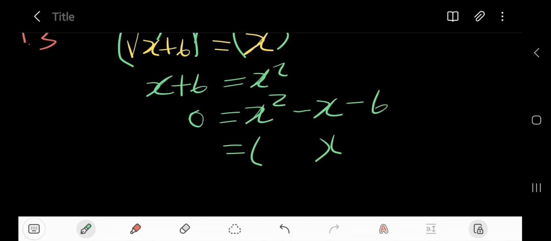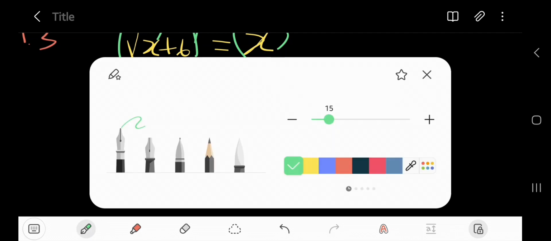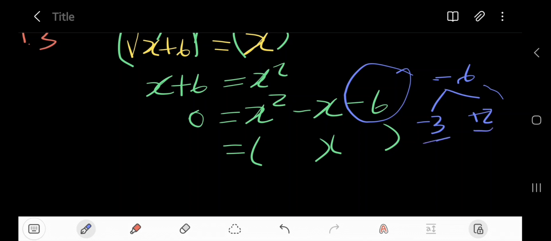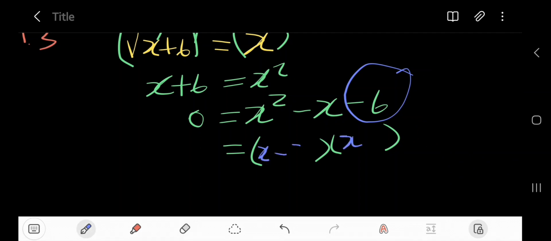Now let's find the factors. We need to find the factors of the last term that give us the middle term. So for negative 6, we need factors that give us negative 1. We have negative 3 multiplied by positive 2, which gives us negative 6, and minus 3 plus 2 is indeed minus 1. So those are our factors: x minus 3 and x plus 2.